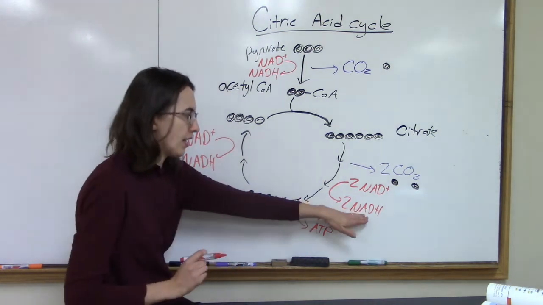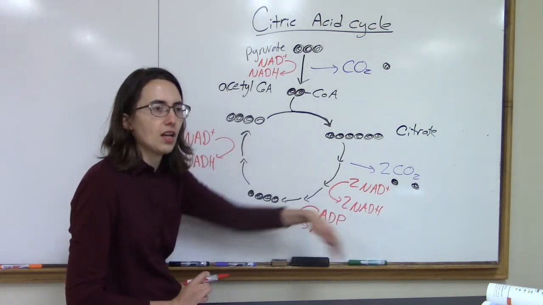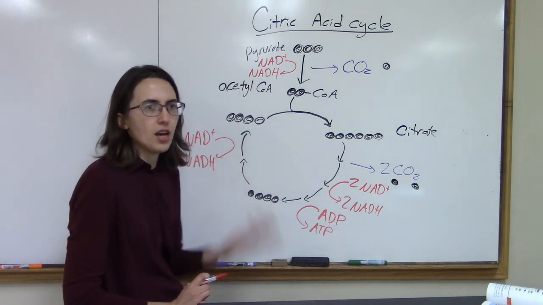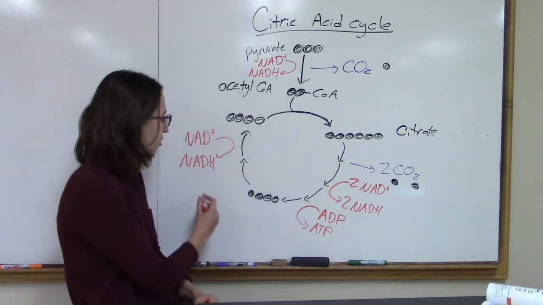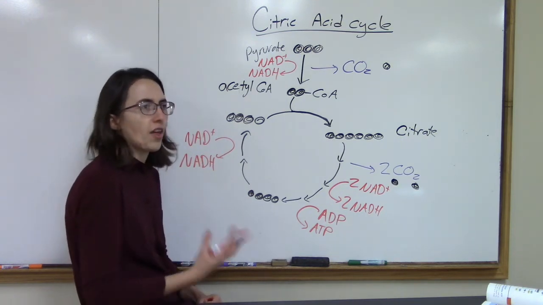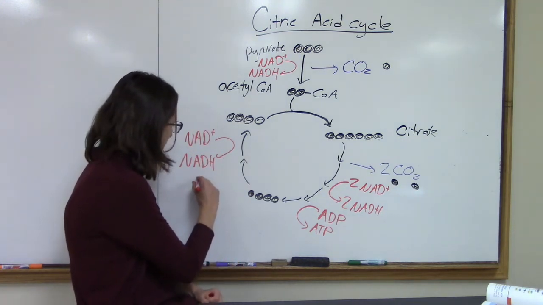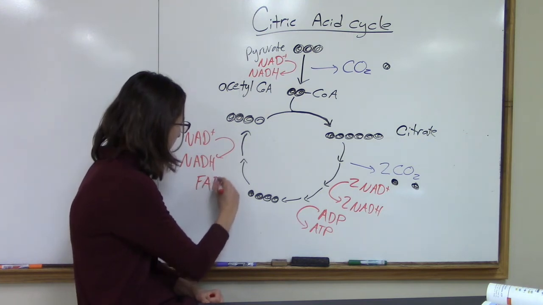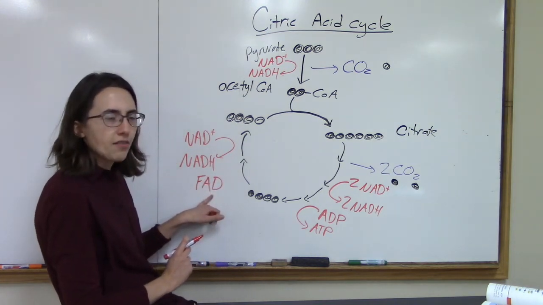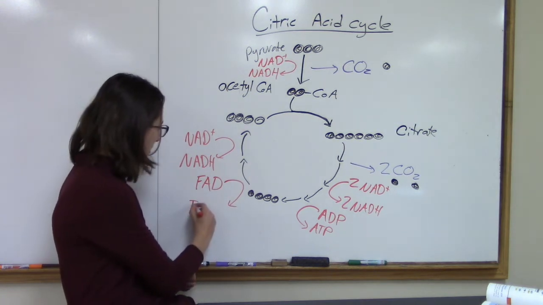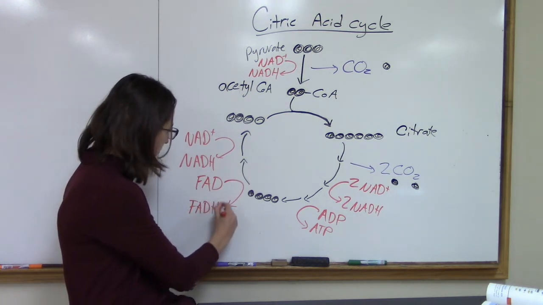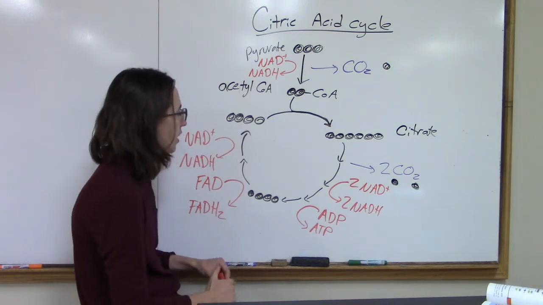Just like NADH is not available to most enzymes in the cell, FADH2 is not available to most enzymes, but it does have a lot of energy in it. So it's a good temporary storage for that energy. Uncharged is FAD. When it gets charged up, it becomes FADH2.